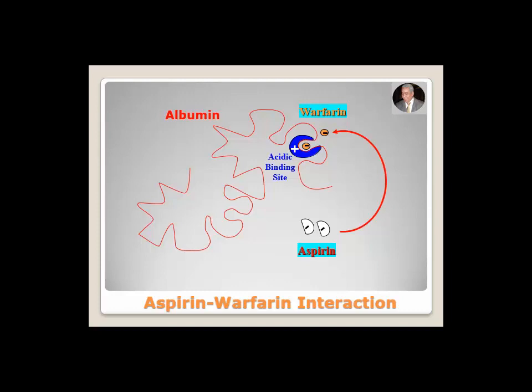These displaced warfarin molecules will become free, and thus will induce more anticoagulant effect, up to inducing bleeding. To avoid this serious interaction, the warfarin dose should be readjusted, depending on the INR test.